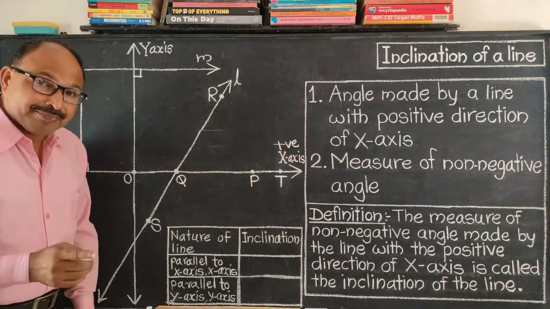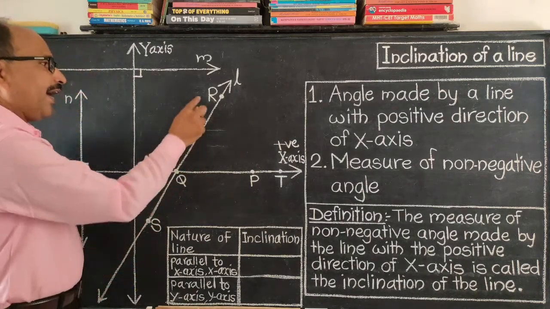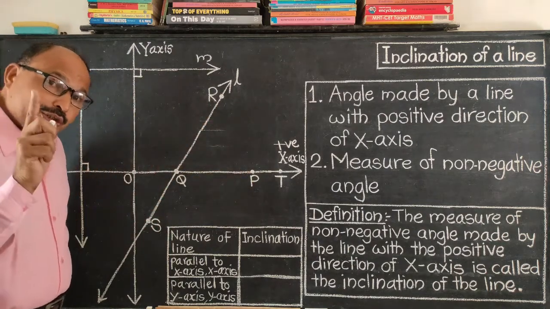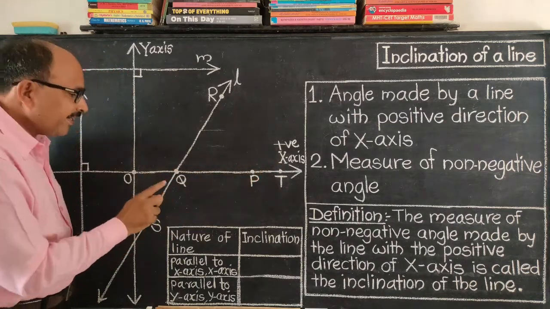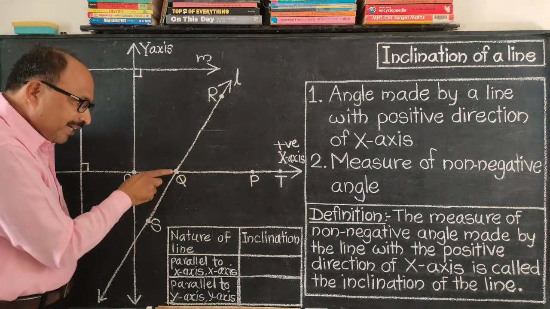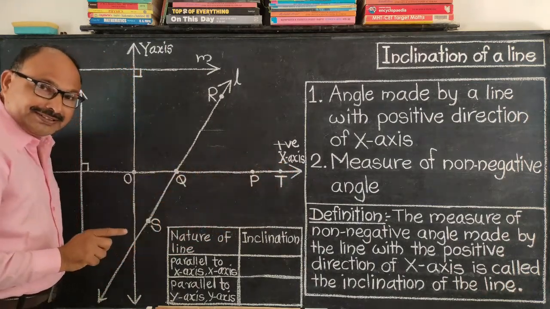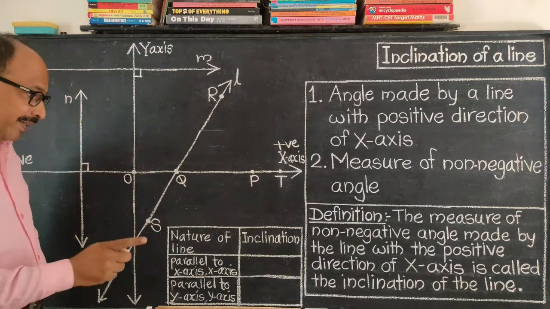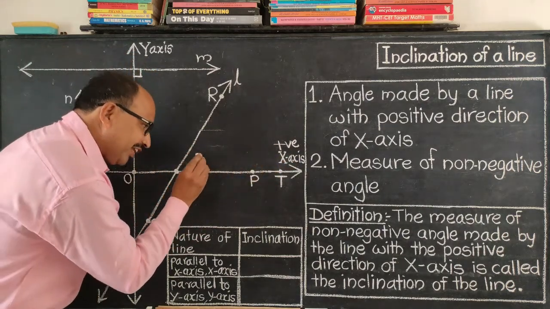Every angle has two arms. Therefore, angle PQR has two arms, ray QP and ray QR. Out of these two arms, ray QP is along x-axis. For directed angle, consider arm along x-axis as initial arm.